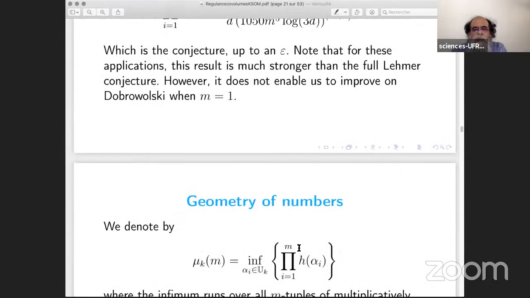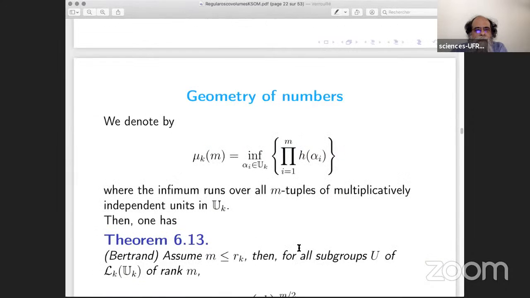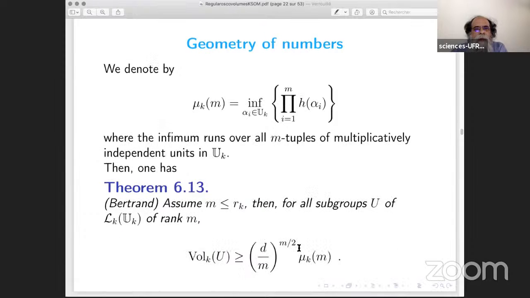So now we go to geometry of numbers. You define mu k of m to be the max of the minimum of the product of heights of m multiplicatively independent algebraic numbers, or units in our case.